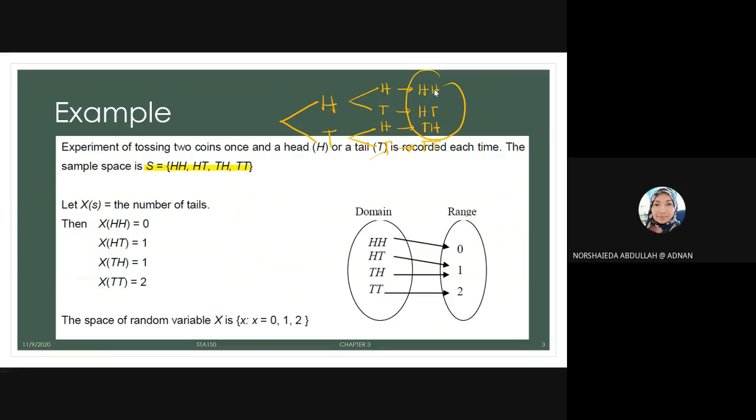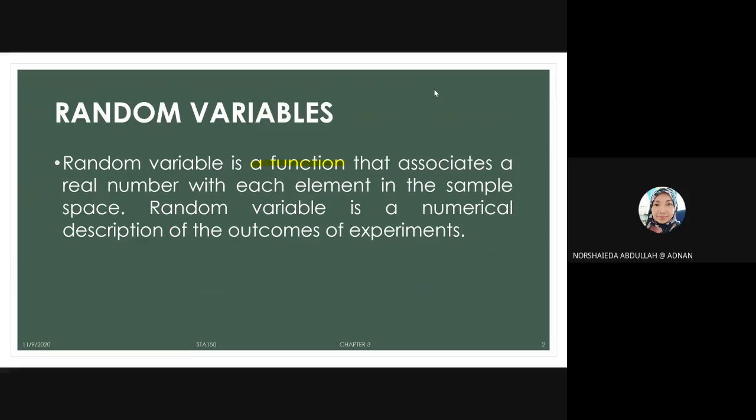Okay, so when we want to study the random variable, we want to denote the outcome as random variable, we must associate the outcome with a number. Or we describe the outcome with a number.